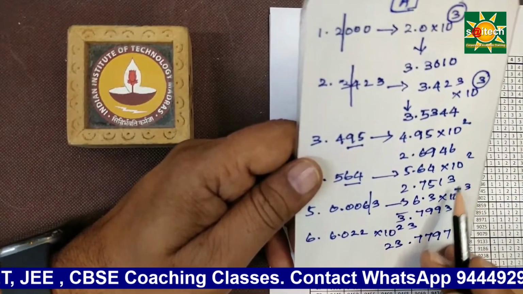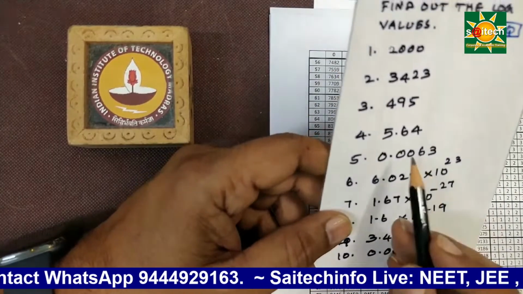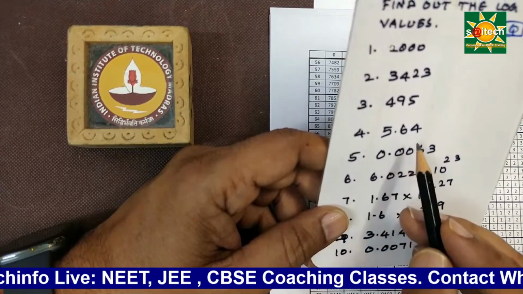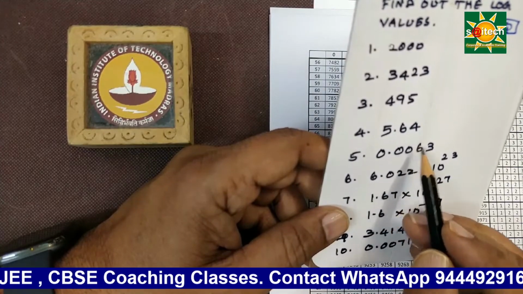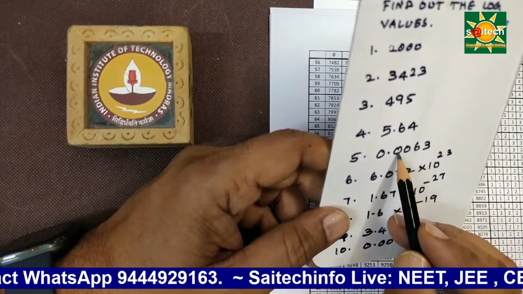And that minus 3 is written as 3 bar. Are you able to follow? Otherwise, you can simply remember there are 2 zeros after decimal, so you can increase 1 digit and put 3 bar.